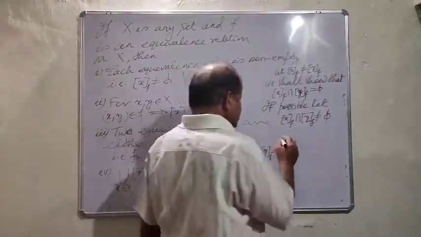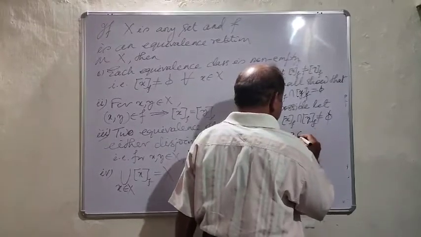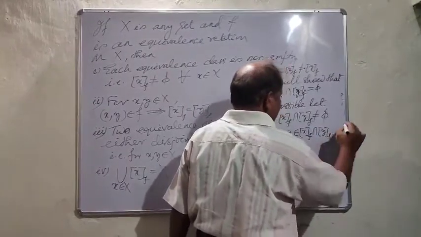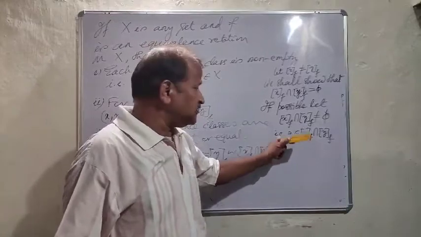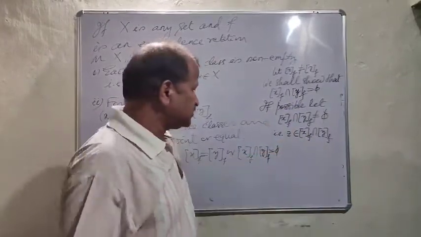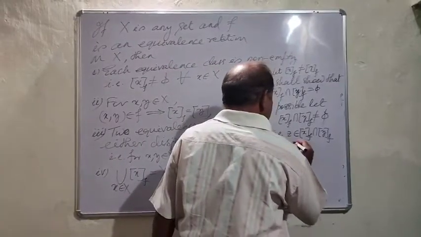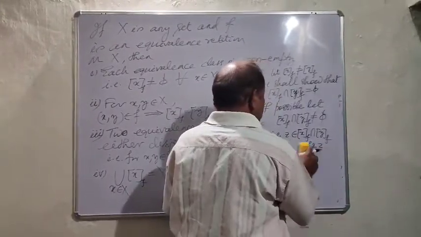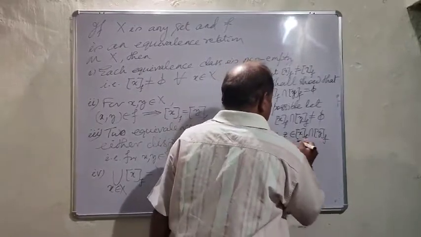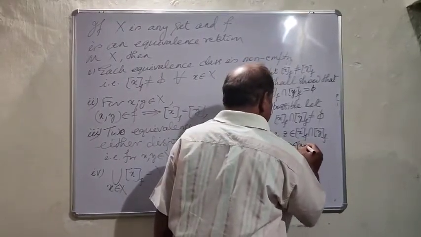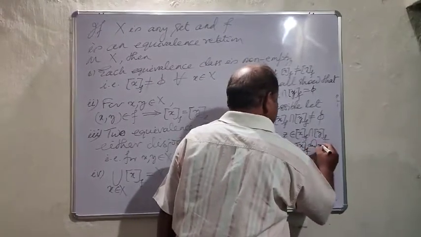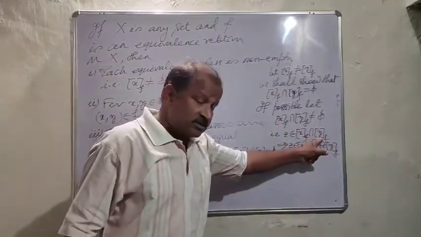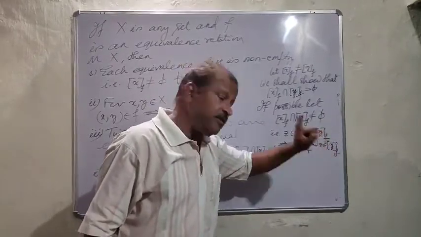That means there is an element Z belonging to the equivalence class of X intersection the equivalence class of Y. If it is not null, there is a common element, say Z. This implies Z belongs to the equivalence class of X and Z belongs to the equivalence class of Y. If it is in the intersection, then it must be here and it must be here.